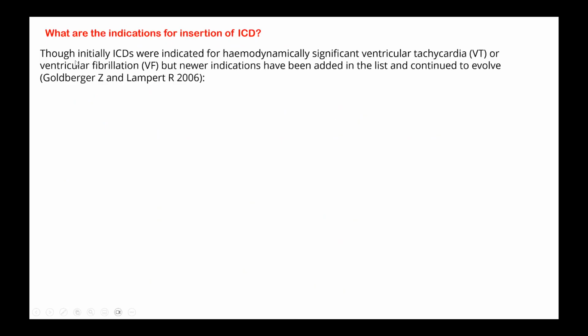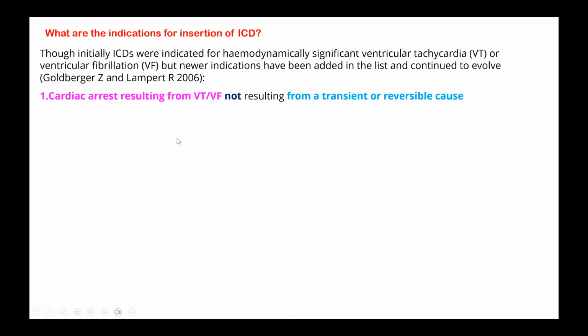Now, what are the indications for insertion of ICD? Though initially ICDs were indicated for hemodynamically significant ventricular tachycardia or ventricular fibrillation, now they have added more indications. In 2006, cardiac arrest which was caused by ventricular tachycardia or fibrillation, and not from a transient or a reversible cause.